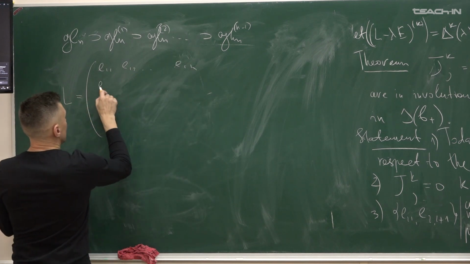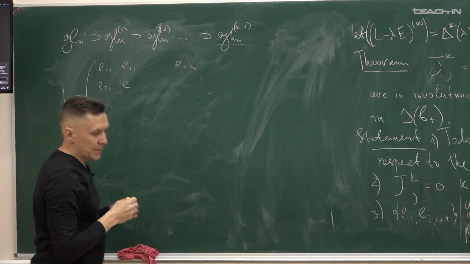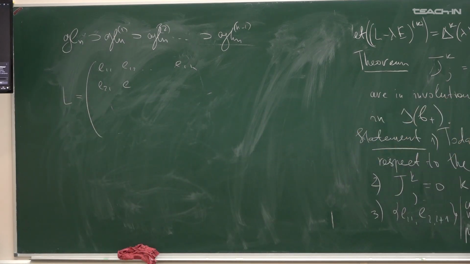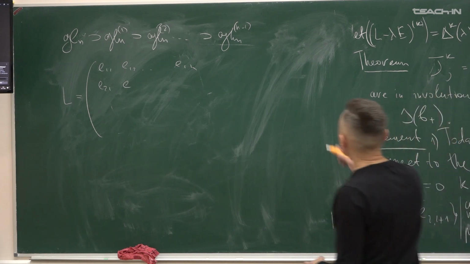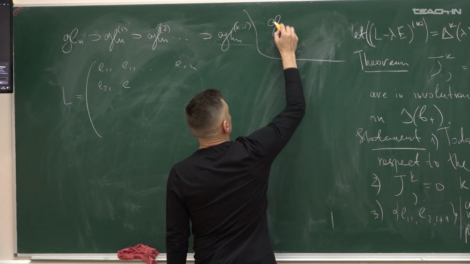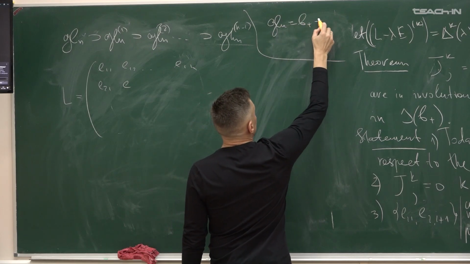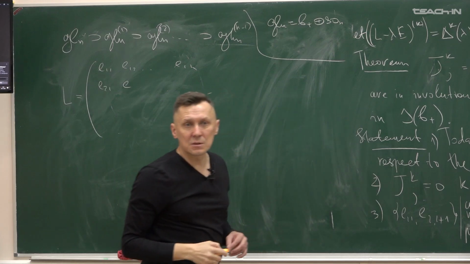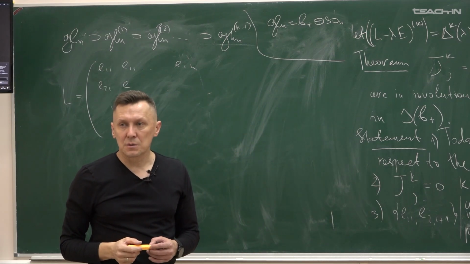Now it is not symmetric. To better understand this strategy, I will say what we will consider. You remember in the Adler-Kostant-Symes scheme there is always a decomposition of the Lie algebra into a direct sum of two subalgebras. So we will consider in what follows the decomposition of gl_n as b plus and so_n. Do you remember what is so_n?